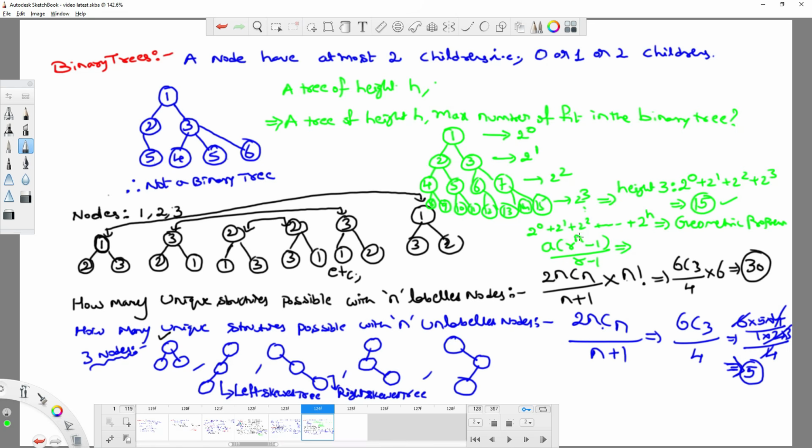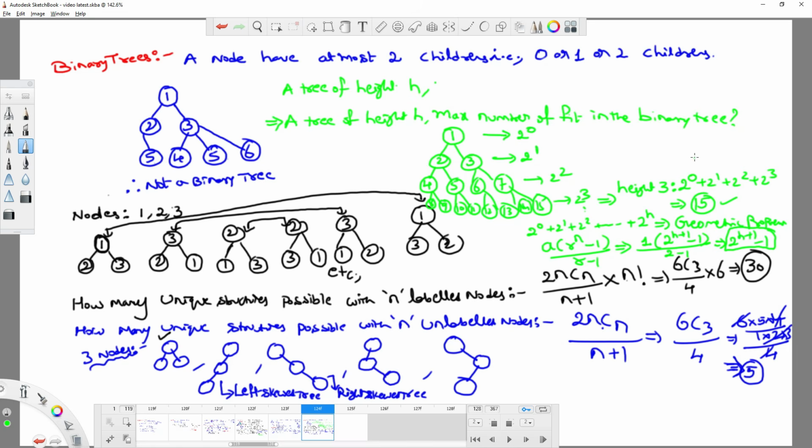R is nothing but the ratio 2. N is nothing but, how many elements are there here? h or h plus 1? h plus 1. 2 power 0 to 2 power h. So I can write A as what? 2 power 0, which means 1 into 2 power h plus 1 minus 1 by 2 minus 1, which is what? 2 power h plus 1 minus 1.